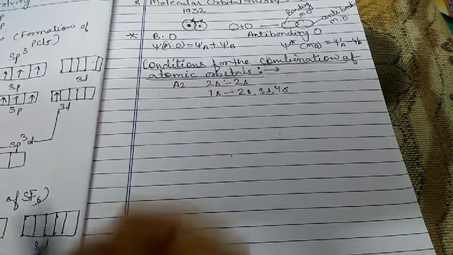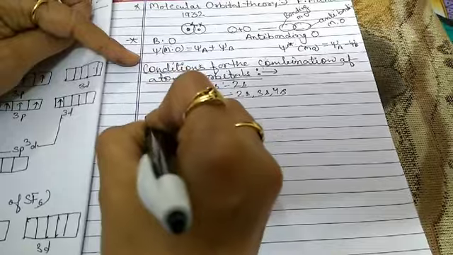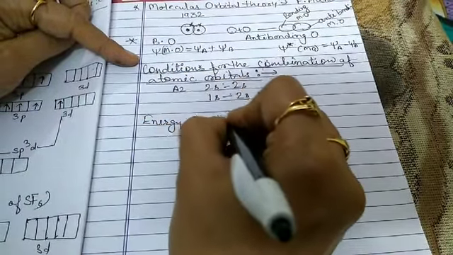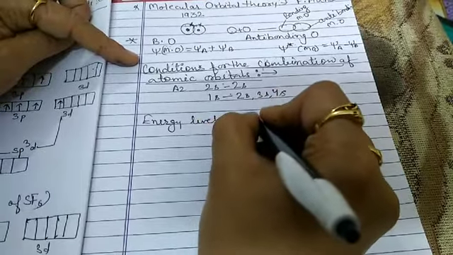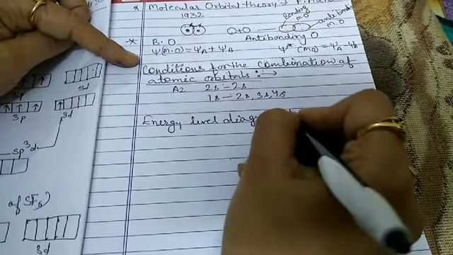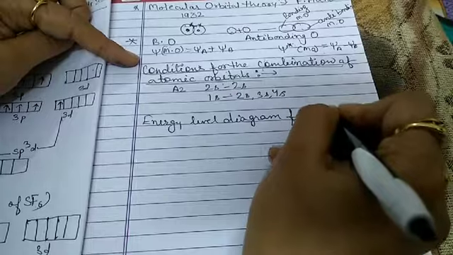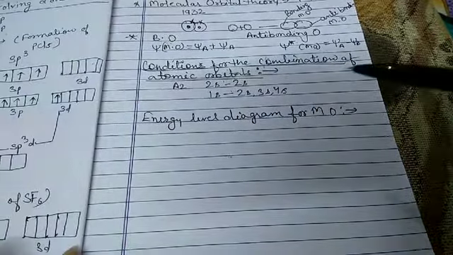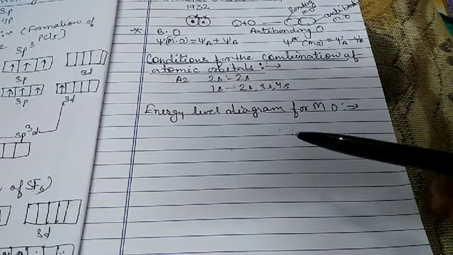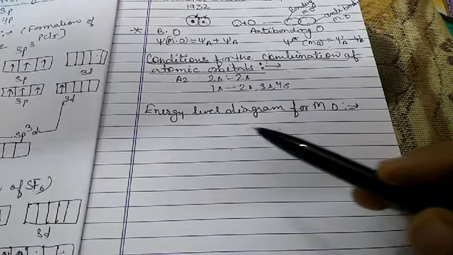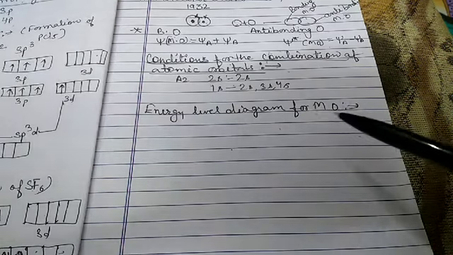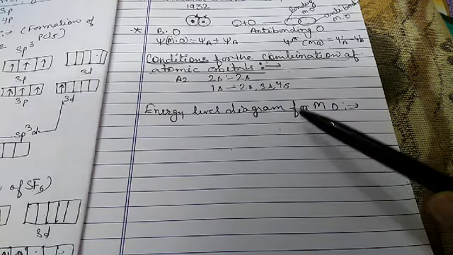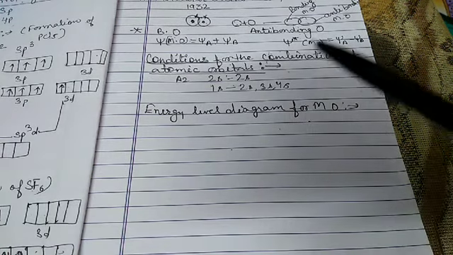Now the next topic is energy level diagram for molecular orbital. MO stands for molecular orbital. So here we have to study how we draw the energy level diagram for the molecular orbital. The relative energy of the molecular orbital depends upon two main factors.